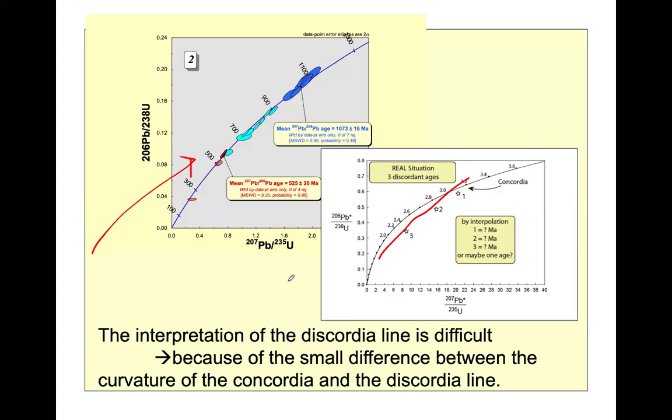So this is a standard Concordia diagram. There are some difficulties because the small differences due to curvature are very hard to consider.